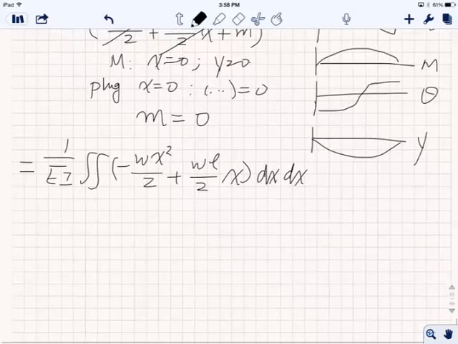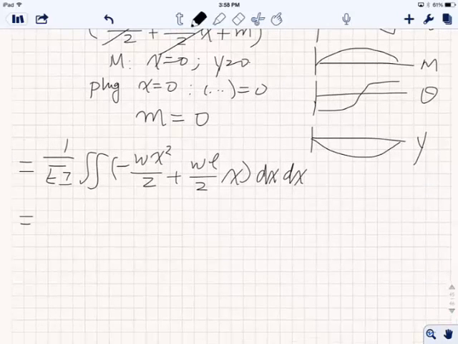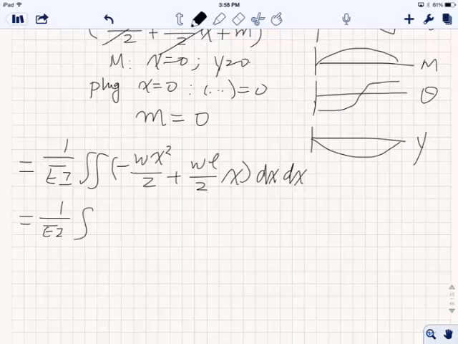All right. So let's keep on doing the integration. When we integrate, we know x squared will be x cubed divided by 3, times 2, that is 2 times 3, plus WL divided by 2, x squared divided by 2.